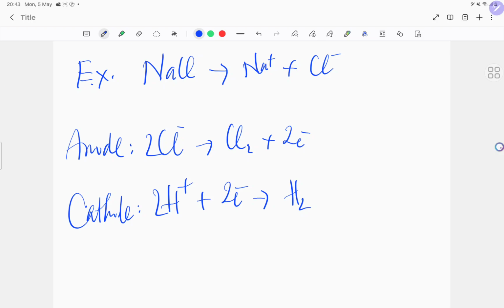The copper 2 plus still goes to the cathode. The color of copper 2 sulfate is blue, as you already know. So is there any change of the color during electrolysis while using copper as the anode?